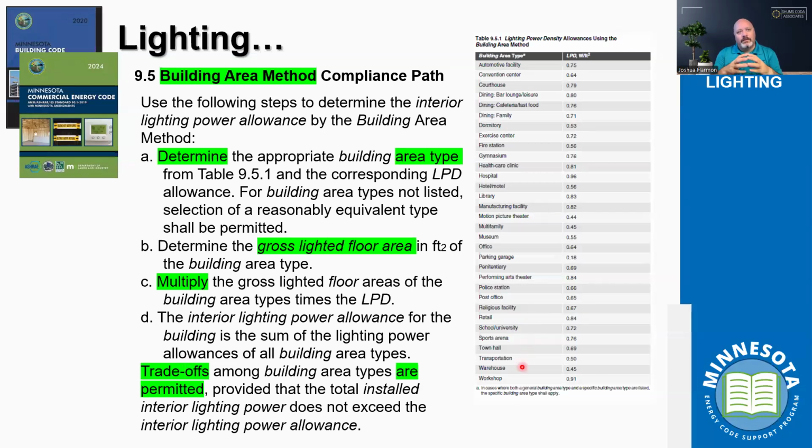So if there was a retail space and a warehouse space, a storage space, on that building, then I can have lower lighting expectations in the storage area than the general retail space. So again, I'm looking at that building's area, and then I'm going to calculate relative values associated with it. An example, and I can trade off between the two.